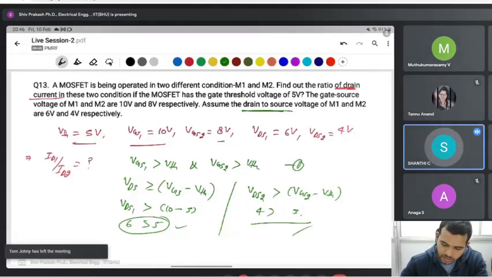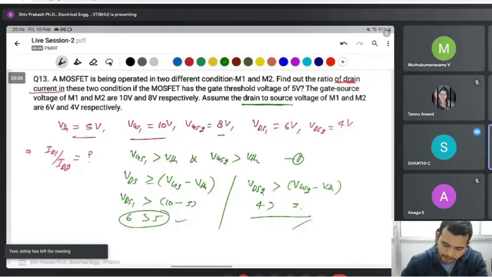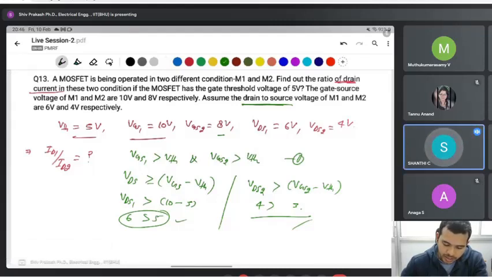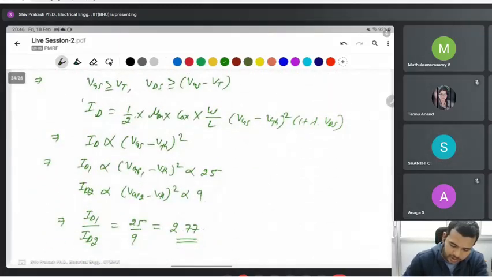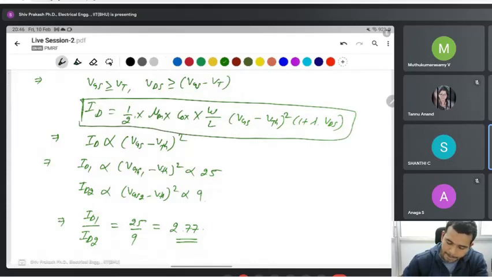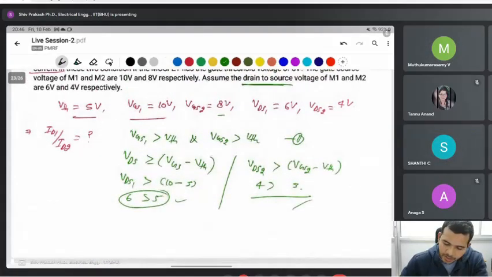You can apply KVL on the output side: VDD equals ID1 times RD plus VDS1. But no other parameter is given for the MOSFET, and the part number is also not mentioned, so you can't apply it like that. You simply find ID from the equation here. VDS is given for checking which region the MOSFET is in: saturation, cutoff, or triode.